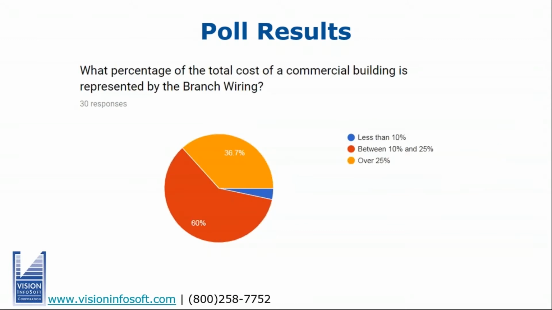What percentage of the total cost of a commercial building is represented by the branch wiring? And this is really a key part of this pop-up webinar today, because a typical job's branch wiring is a relatively small percentage of the job, and you can see very few people responded that it was. I've run these calculations over and over again.